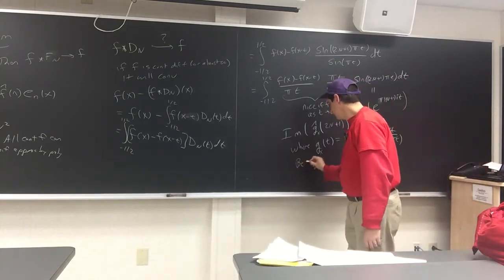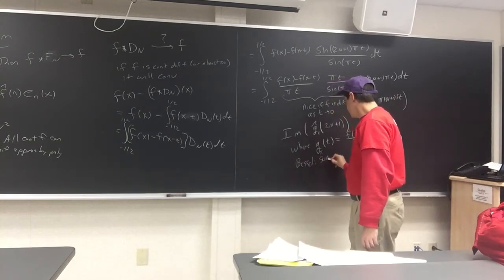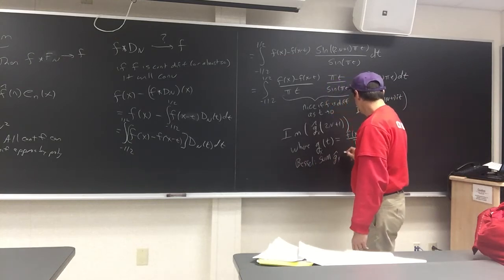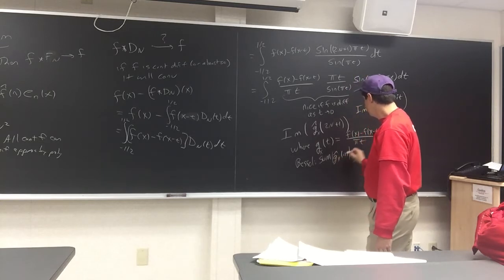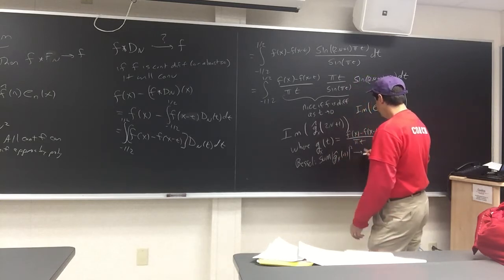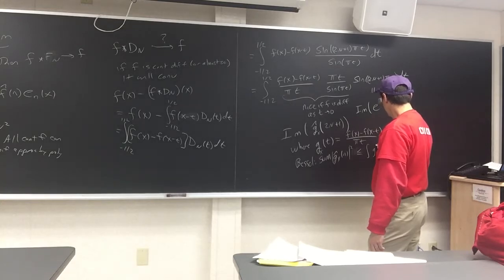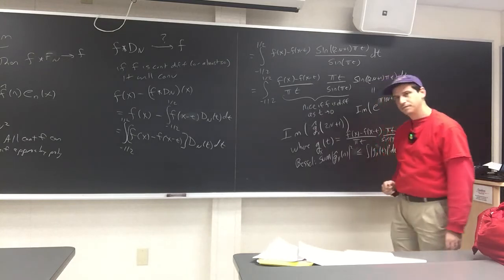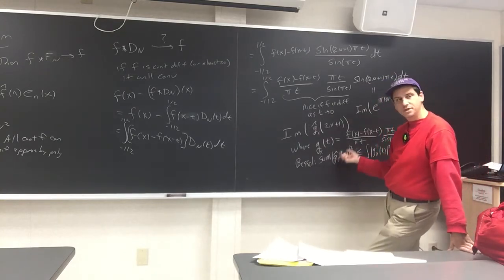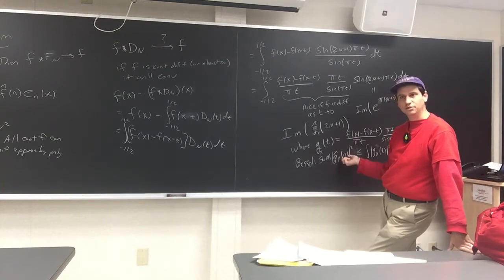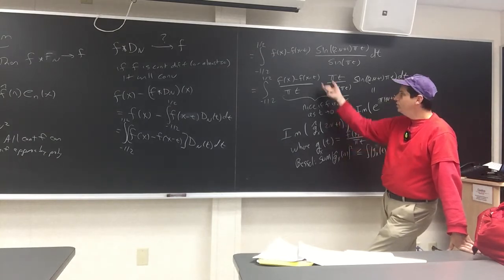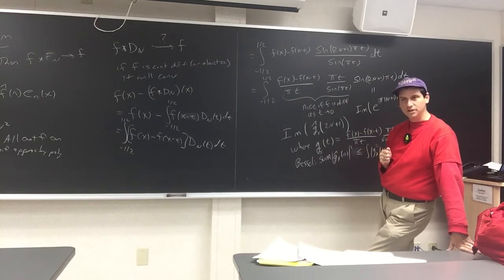So by Bessel, the sum of g_x hat of n squared is less than or equal to the L2 norm of g_x of t squared, I guess I'll do the integral of g_x squared dt. And so the only way that this sum can be less than the integral is if the summands are going to 0. So if we know that this function is square integrable, then we're fine.